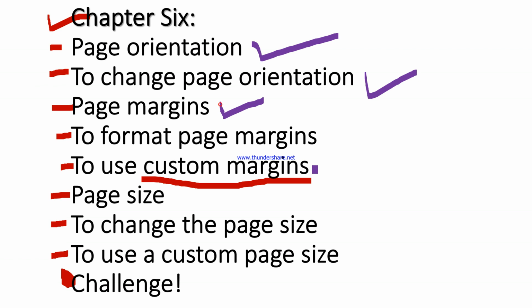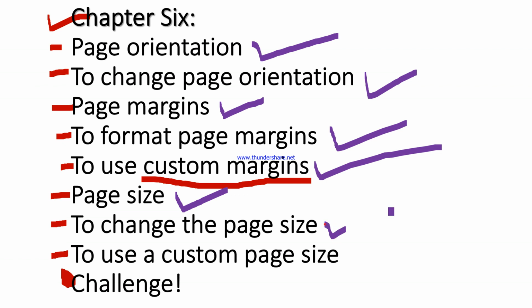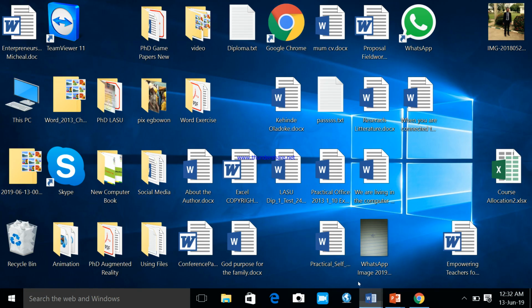We've done page margins, how to use custom margins, different sizes, A4, A3, and so on. You change the page size and also customize it. And now we are treating the custom page size right away.